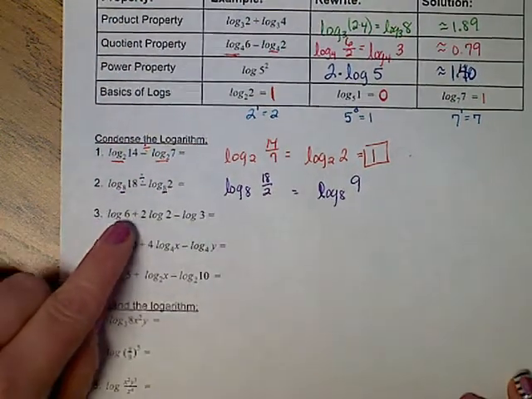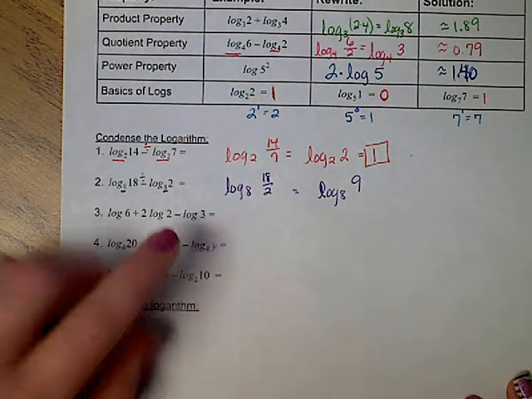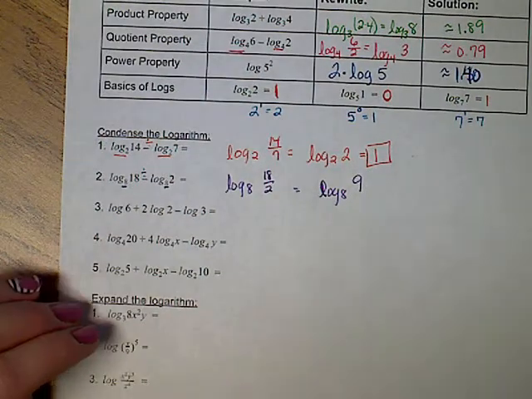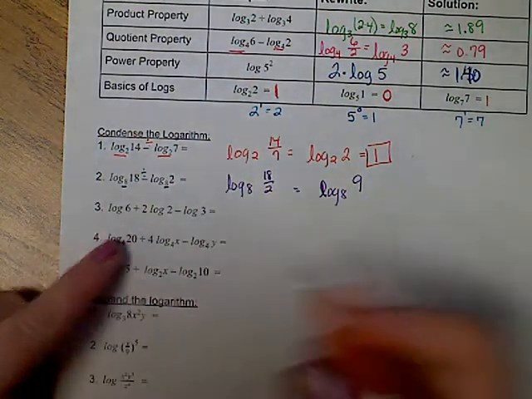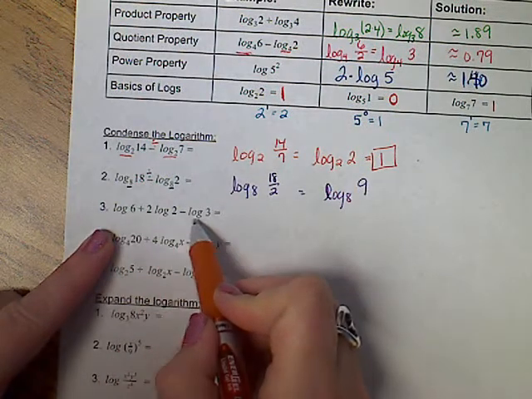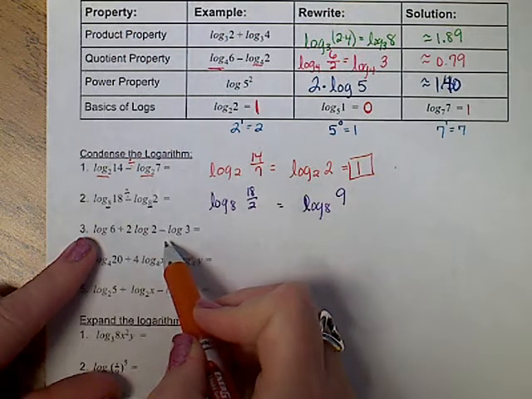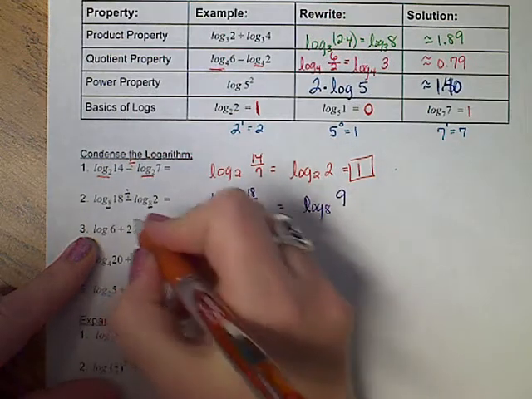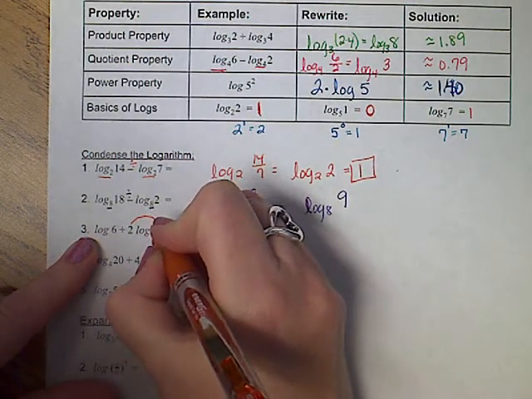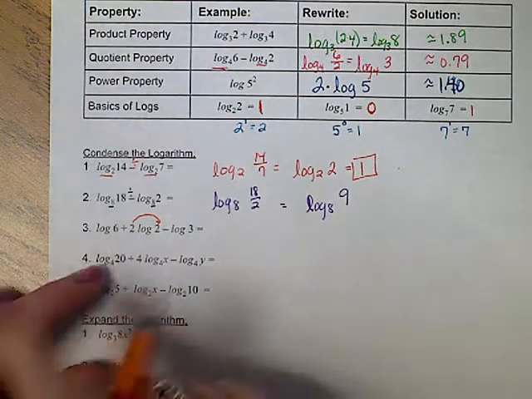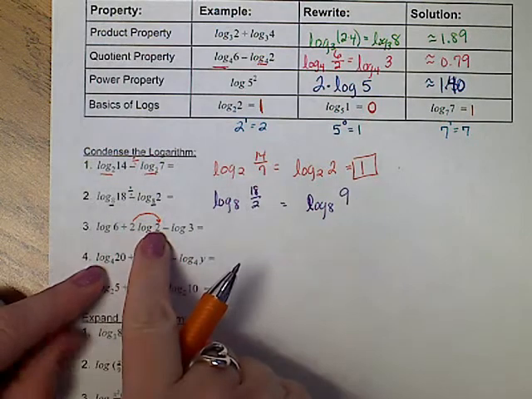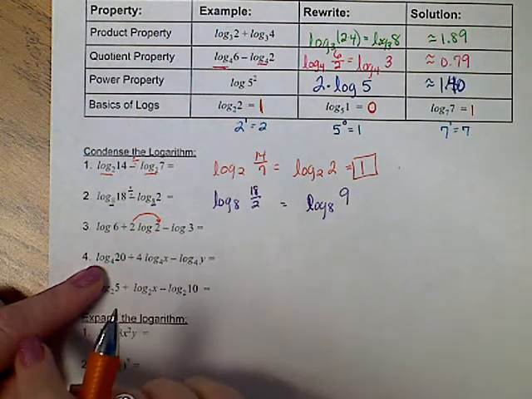And notice here we've got 1, 2, 3 logs. So we're going to condense, and it's going to be into one log, just one. Notice that all of these say log, so that means that I don't have a base there. It's understood. And the first thing I do for myself is I draw the 2 back here. I draw an arrow because that 2 has to become the exponent to that argument.